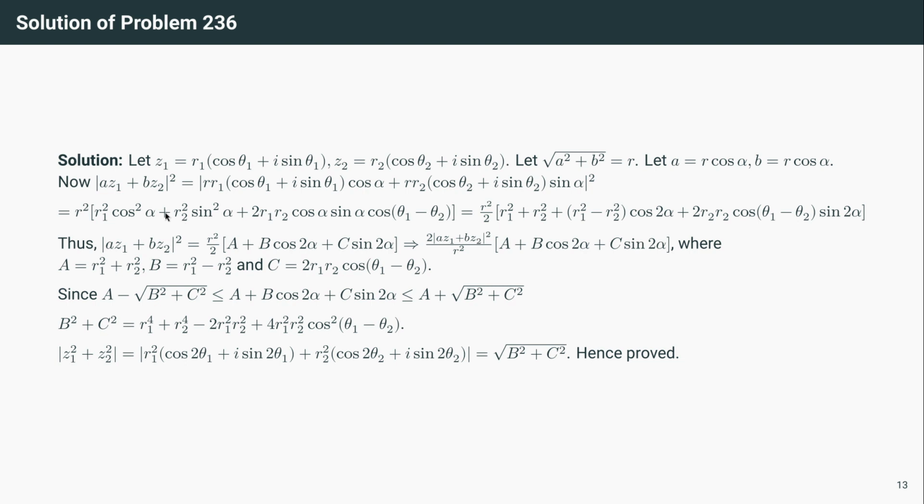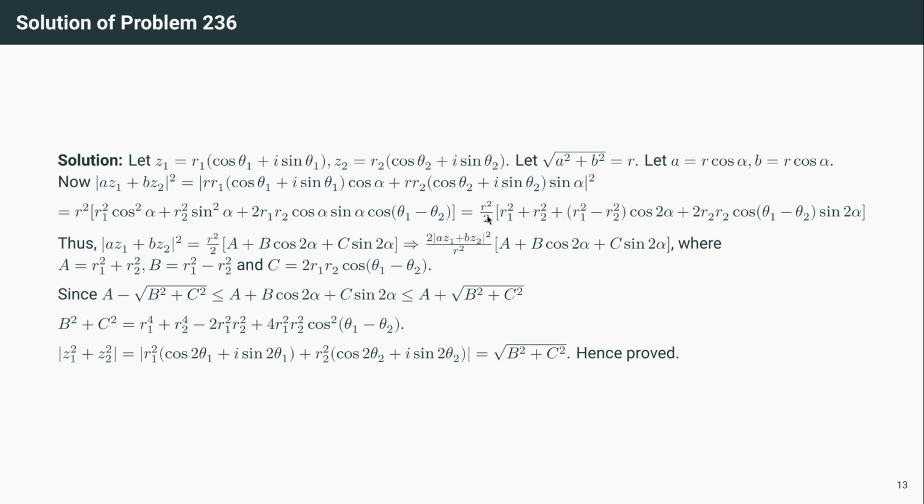Now we know that cos square alpha is (1 plus cos 2 alpha) by 2, and sin square alpha is (1 minus cos 2 alpha) by 2. So we can effectively write this equal to R square by 2 into (R1 square plus R2 square plus (R1 square minus R2 square) cos 2 alpha).